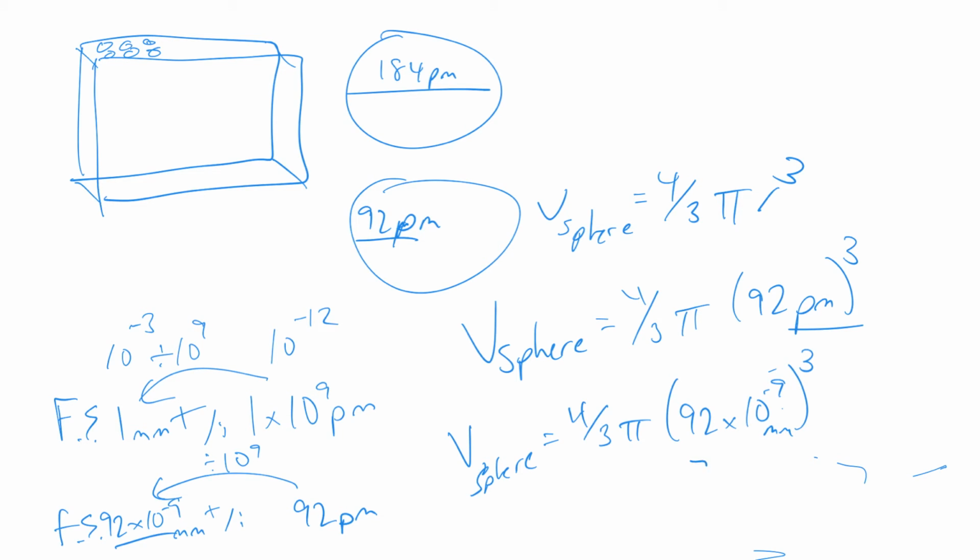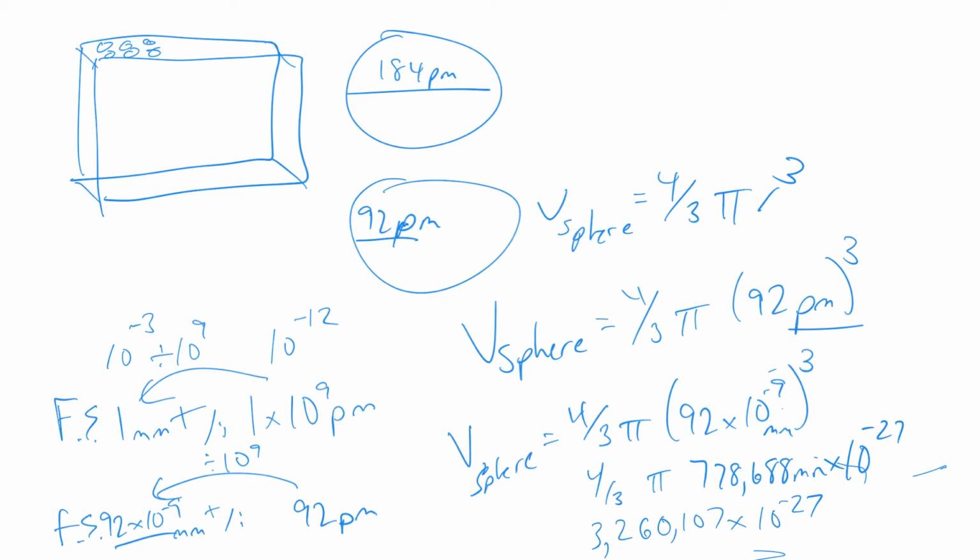So this number comes out to be 778,688 times 10 to the negative 27th times pi times 4/3. So this is 3,260,107 times 10 to the negative 27th.